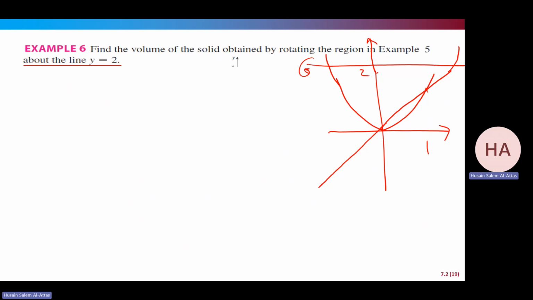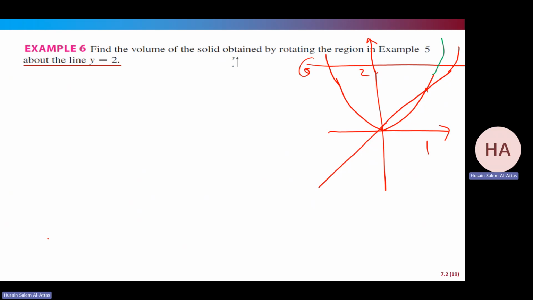Now be careful about r of x, small r of x, and capital R of x. We need to be careful about that. Let me change the color. Now, what will happen here? What will be the capital one?